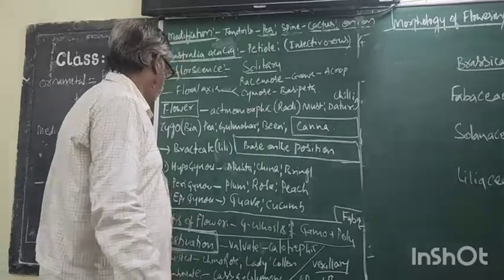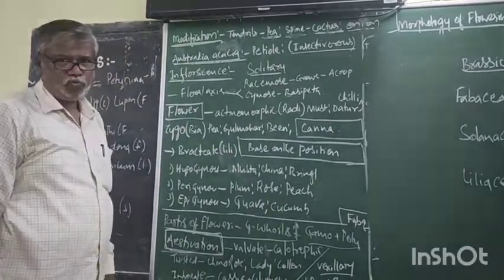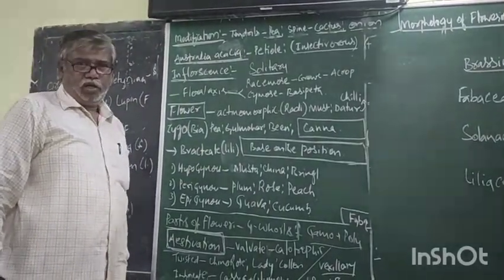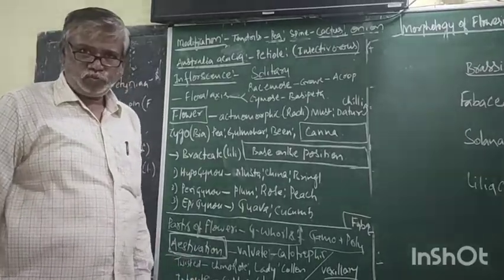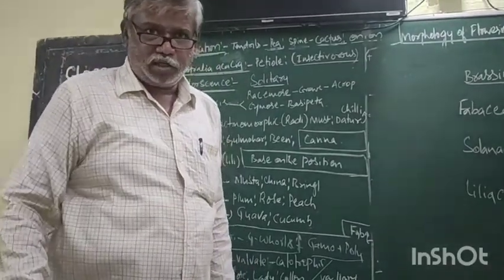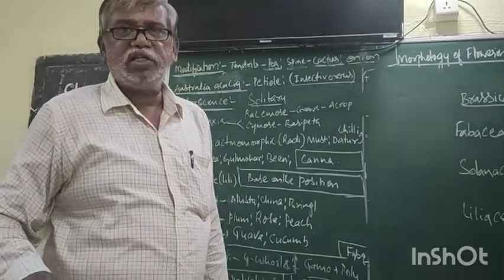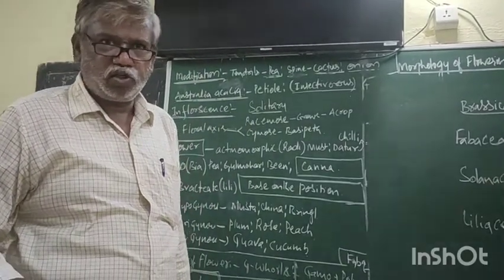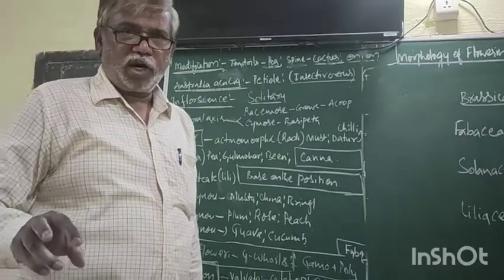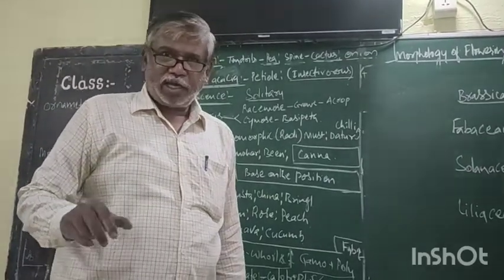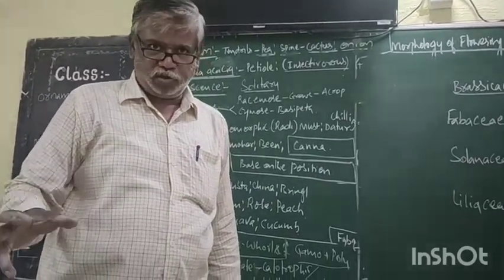Now come to the flower. It is the main sexual organ of the angiosperm. The presence of the flower is a character of the angiosperms. The flower contains four whorls: calyx, corolla, androecium, gynoecium.